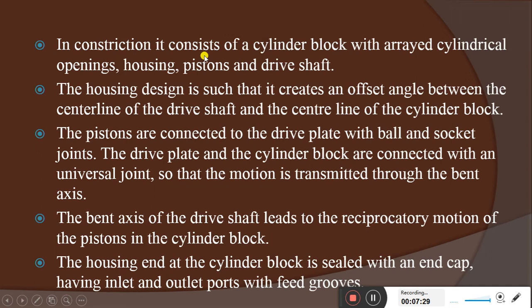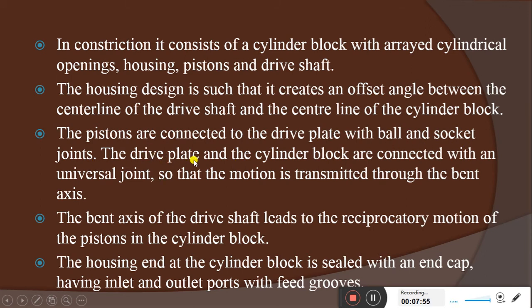In construction, it consists of a cylinder block with arrayed cylindrical openings, housing, pistons, and driving shaft. The housing design is such that it creates an offset angle between the center line of the drive shaft and the center line of the cylindrical block. The pistons are connected to the drive plate with ball and socket joints.